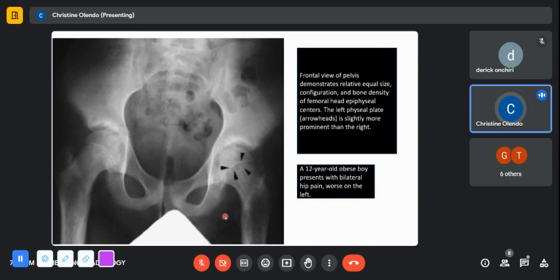A case here: we have a 12-year-old obese boy who presents with bilateral hip pain, which was worse on the left. Here we have a plain radiograph. This is an AP radiograph, and if you compare the left and the right, the bone mineralization seems the same.